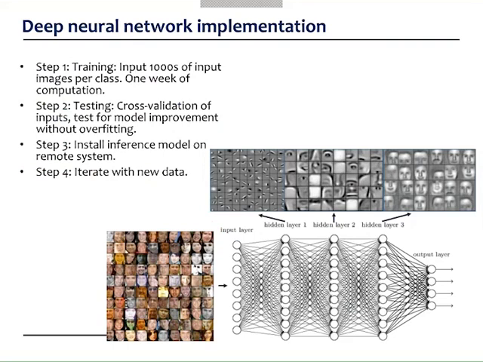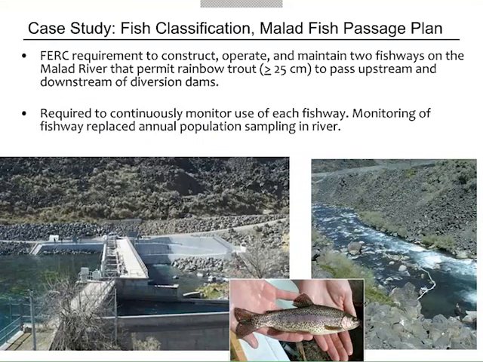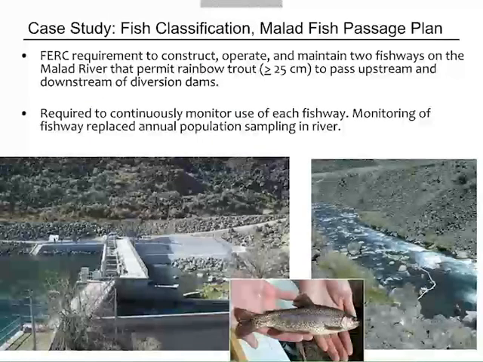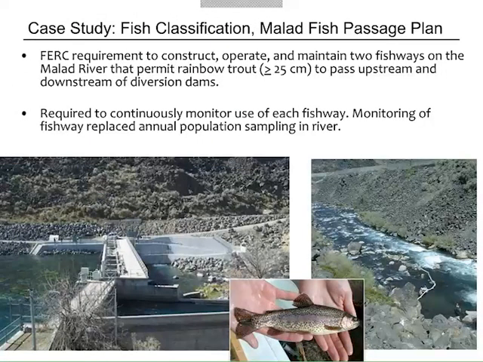Being that we've kind of talked about this a little bit, I'm going to skip over this a little bit, but the fish passage problem is this particular dam sees about 25,000 fish a month, and so it's kind of a difficult problem for humans. In fact, they're still going through manually.